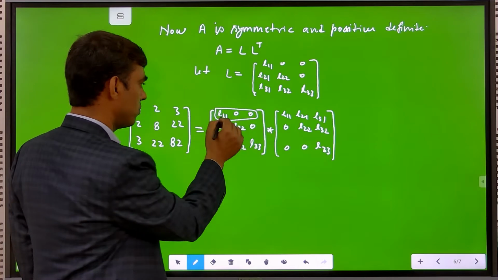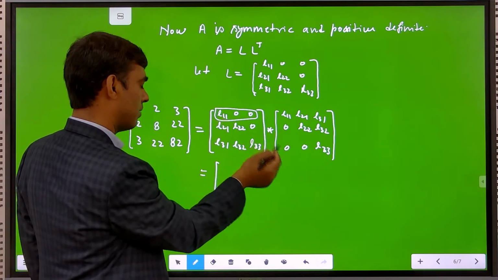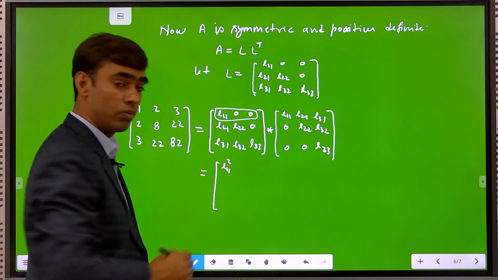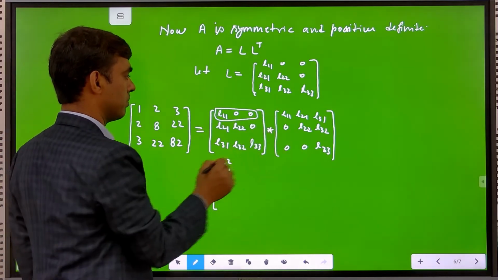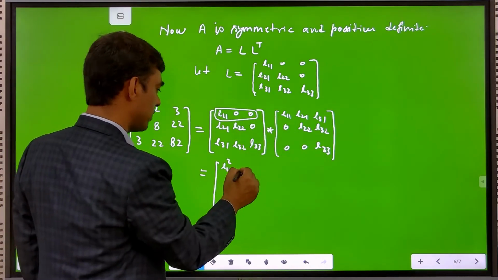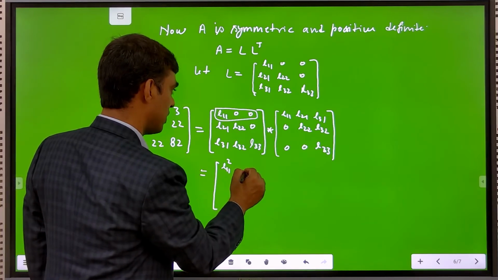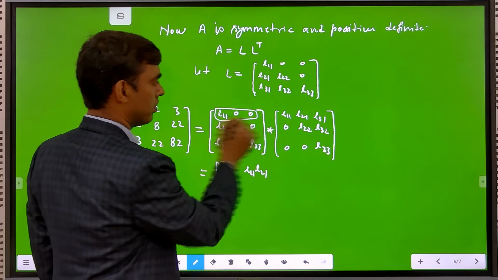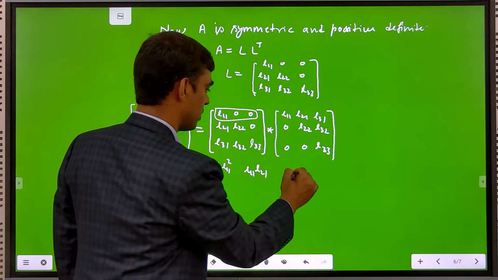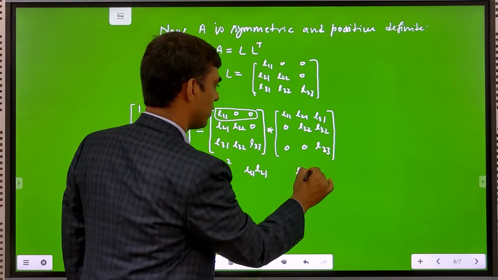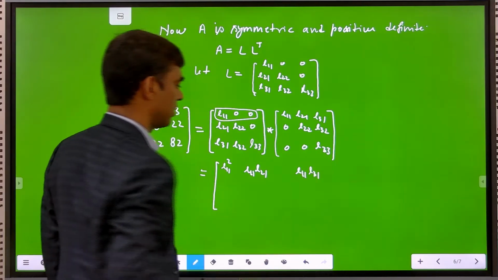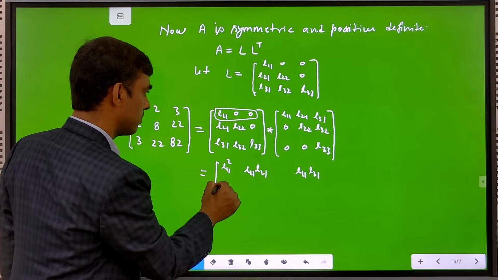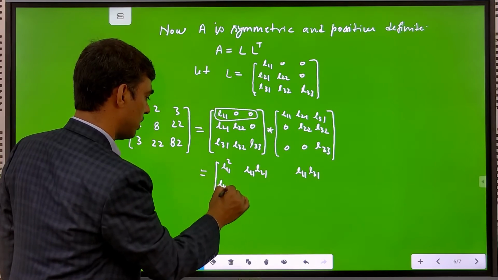So what is the value of the first element after multiplication? This is L11 square, first row, first column. First row, second column, then the second element becomes L11 into L21. First row, third column, this becomes L11 L31. Now second row, first column, this becomes L11, L21.